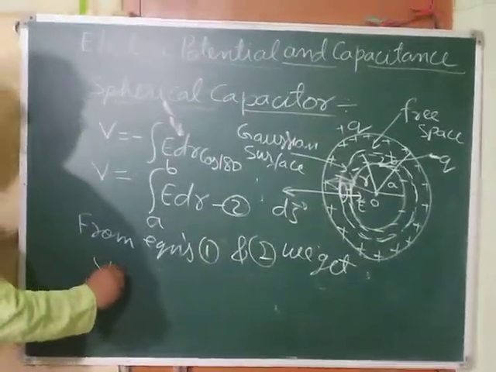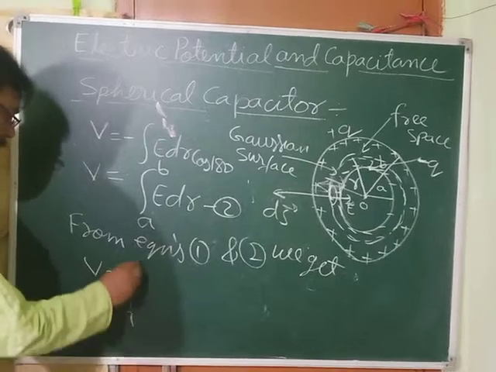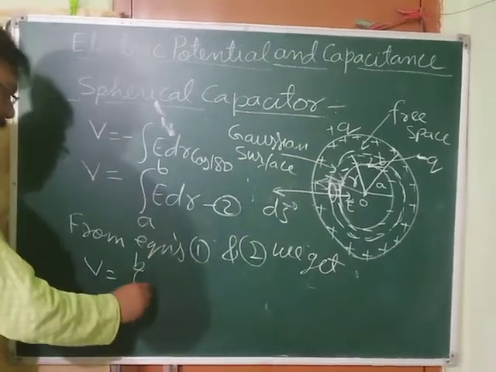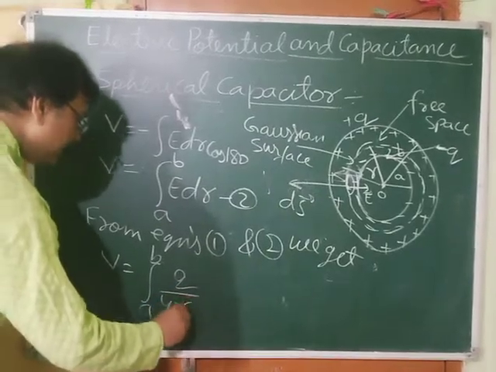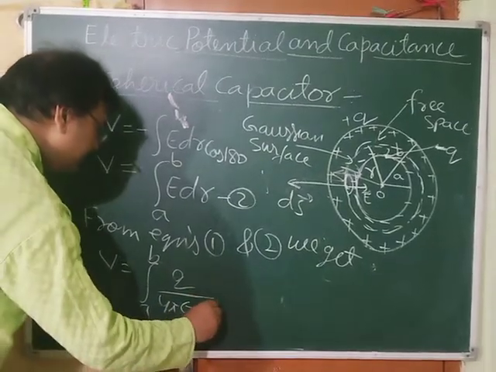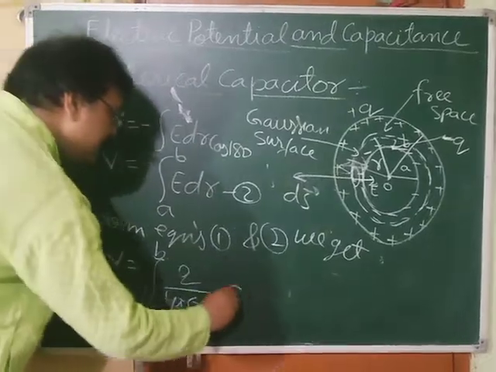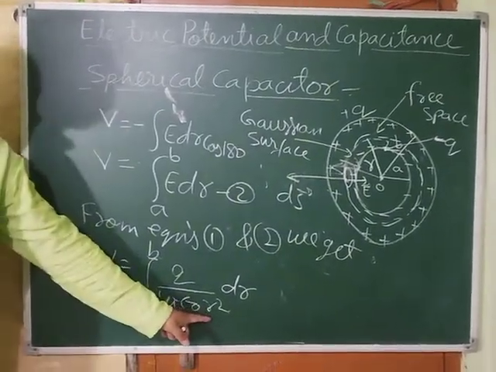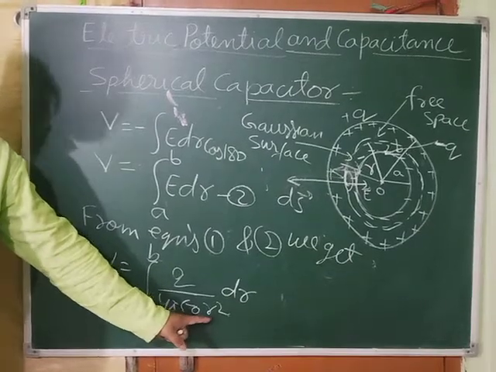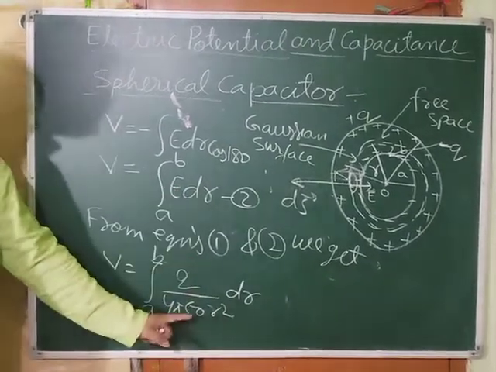V is equals to integration a to b. What is the value of E? It is Q upon 4 pi epsilon naught r square, and this is dr. So see, E is not independent of r. That means E is not constant, it is variable.